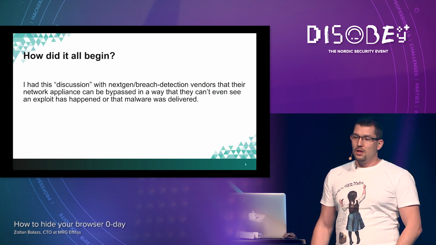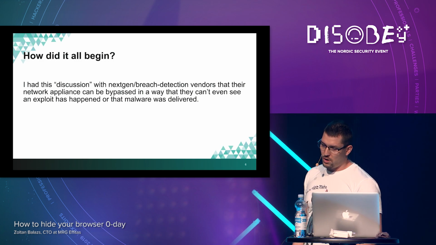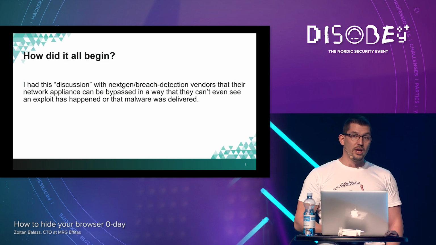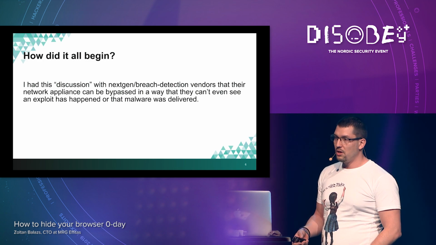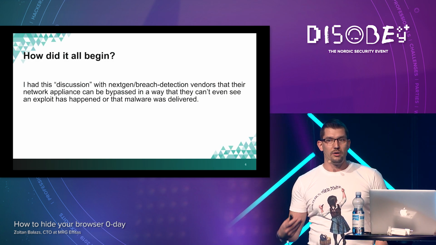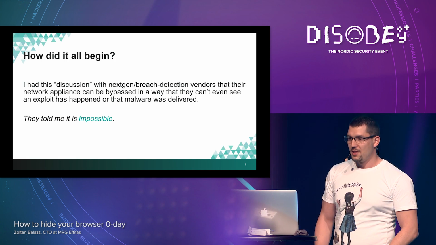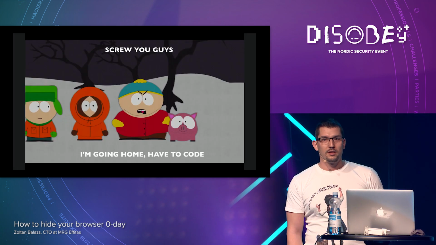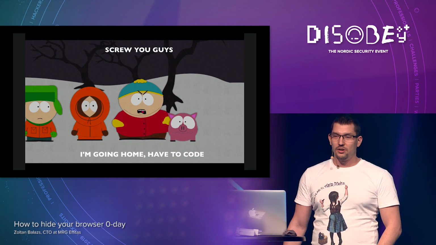And I told them that I'm sure that there is a way how I can deliver my exploit to an endpoint so their network detection tool won't be able to see that there is an exploit here, and the network detection tool won't be able to see that there was also any malware delivered to the endpoint. They told me that's impossible. So whenever someone tells me something is impossible, this is what happens. So I went home and I started to code.